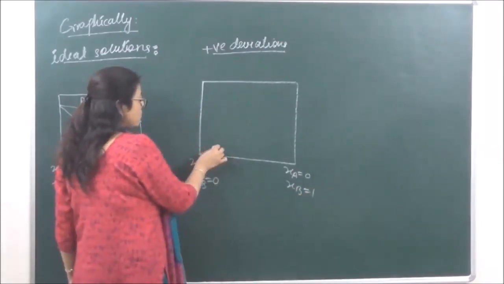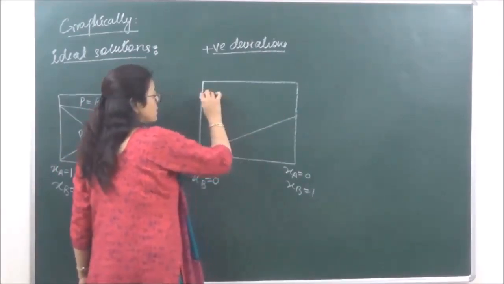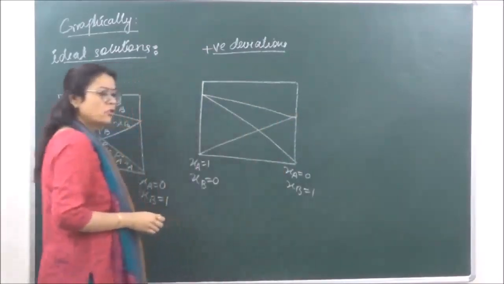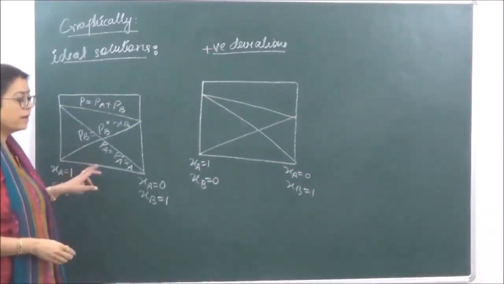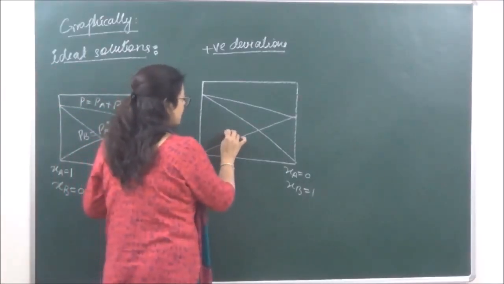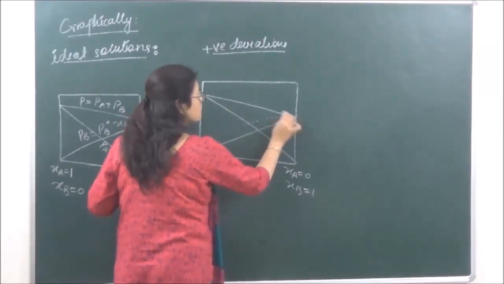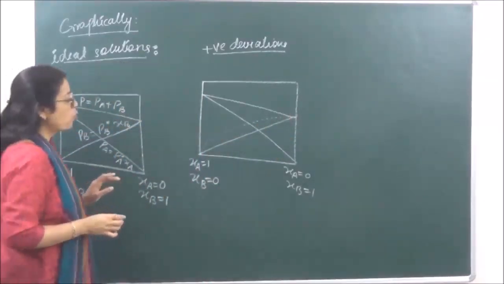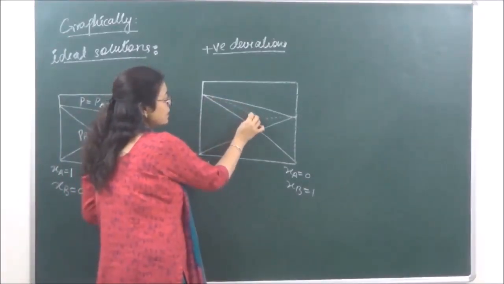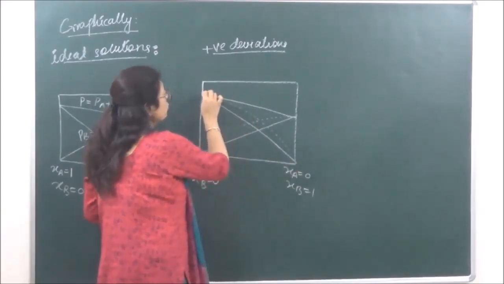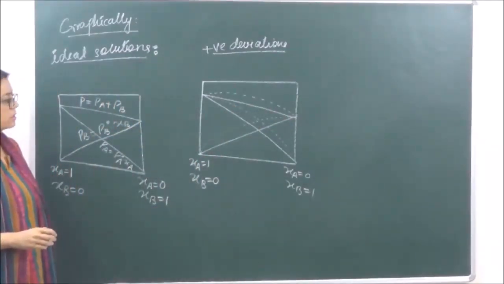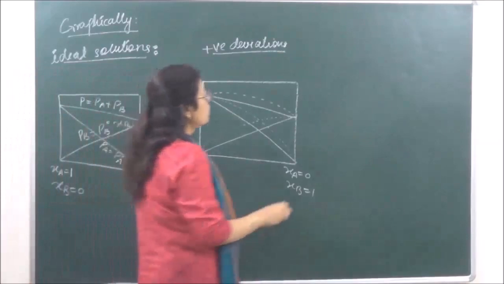We will draw the same graph as for ideal solutions, as we have depicted over here. Now for positive deviations, we know that the vapor pressure is going to be more than expected. So it shows a graph like this, which is greater than the ideal behavior, and similarly here also.